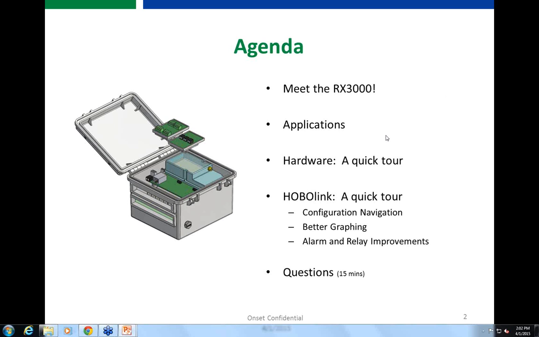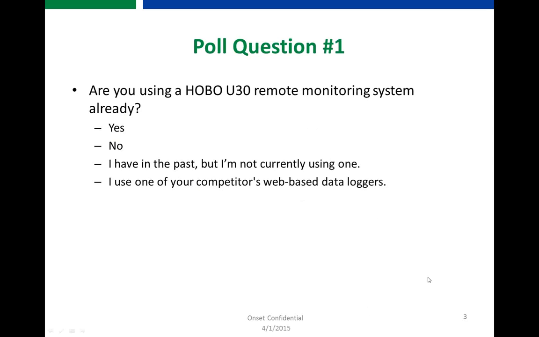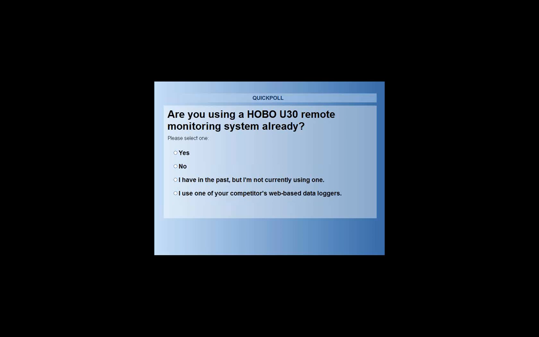Okay, everybody. So we're actually going to start off by waking everyone up a little bit and doing a quick poll to get ourselves comfortable with our audience today. So you should see the poll pop up in just a second here. So the question is, are you using a HOBO U30 remote monitoring system already?